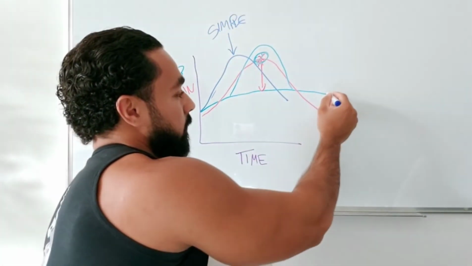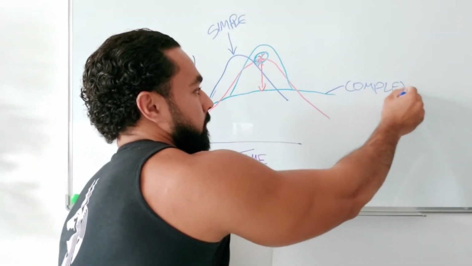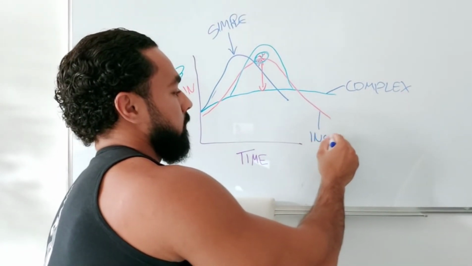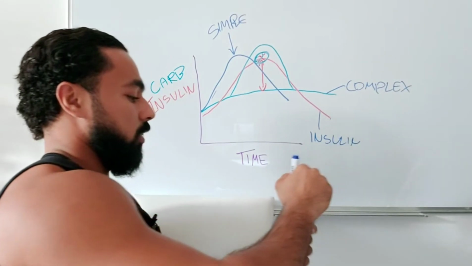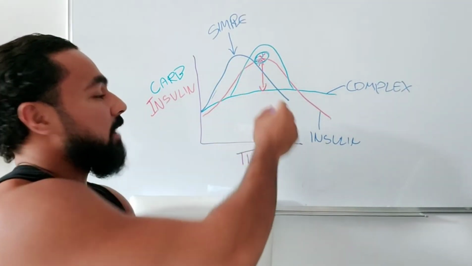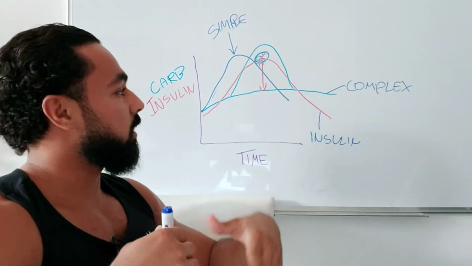Here, this is complex, and the red one is insulin. So if you have simple sugar, simple carbs, very fast acting, you could have it the other way around. You could go hyperglycemic and then hypoglycemic.